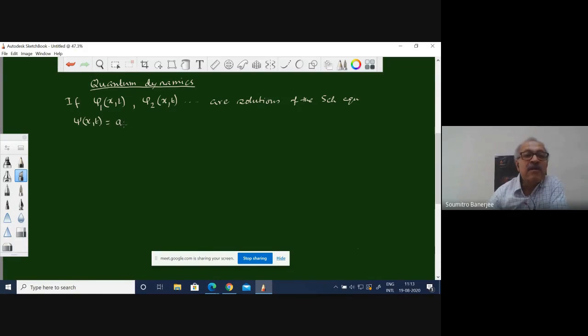So a1 of psi 1, actually these were only functions of x, sorry, let me just cut it off. These are only functions of x, plus a2 psi 2 of x, and so on.